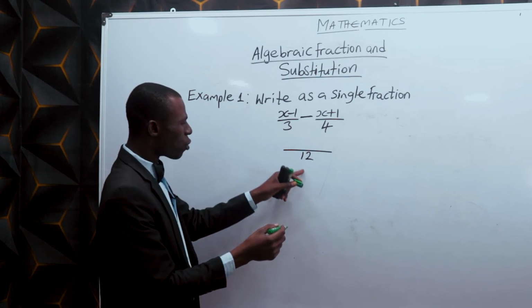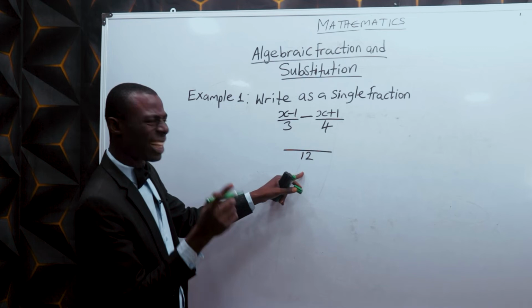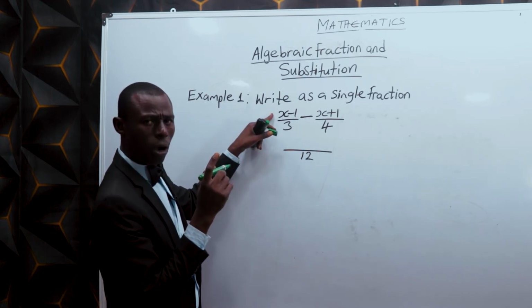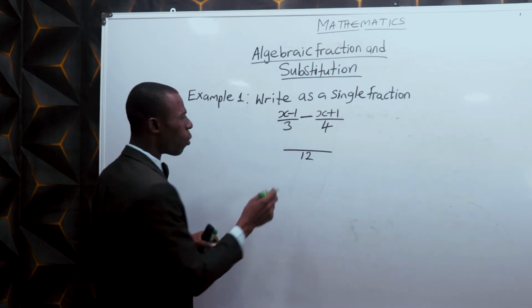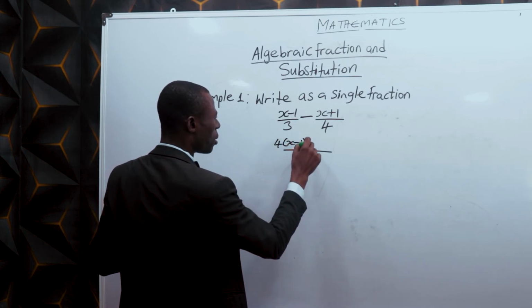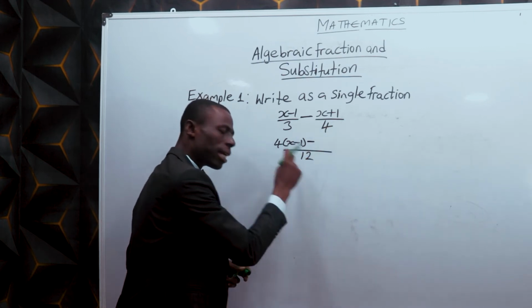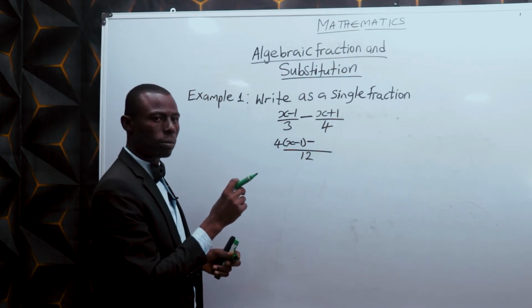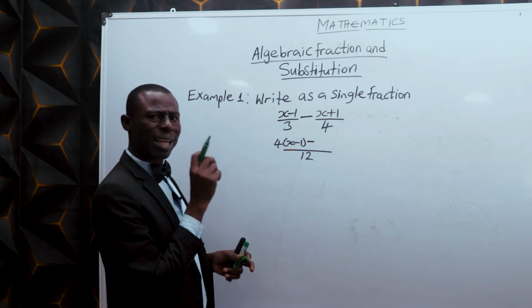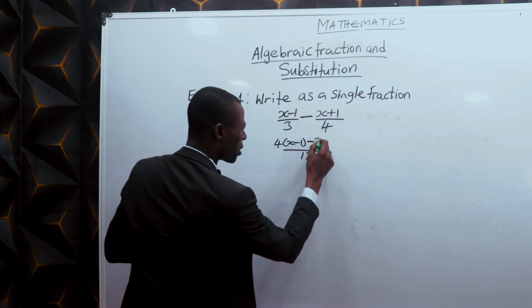So, 3 in 12 gives us 4. You multiply the numerator of this by the 4. You have 4 into x minus 1, minus 4 in 12. That gives us 3. That 3, use it to multiply the numerator up here. So write it outside there.